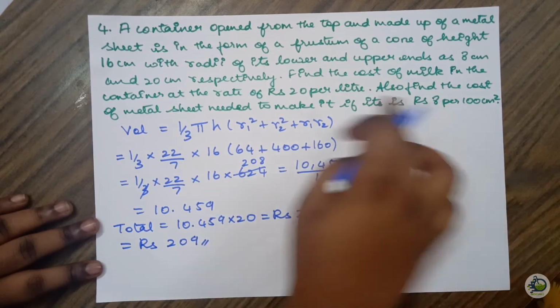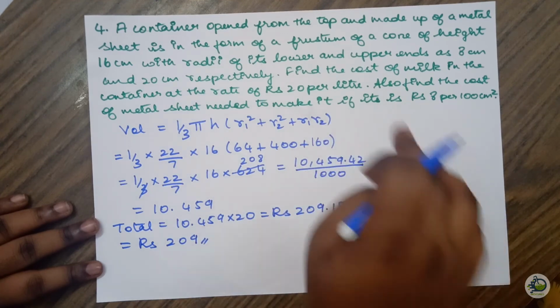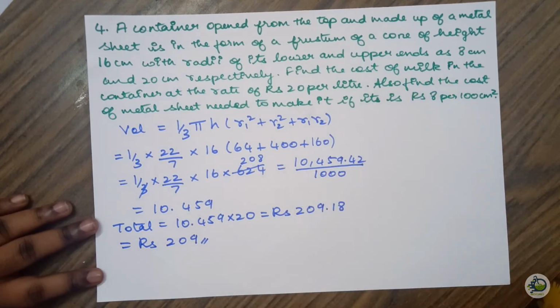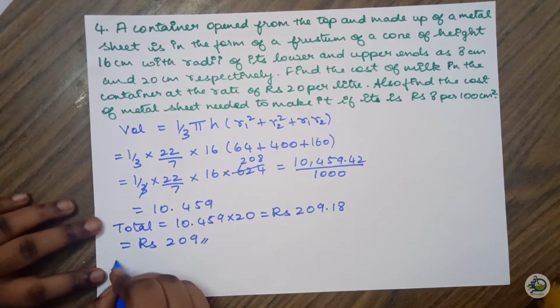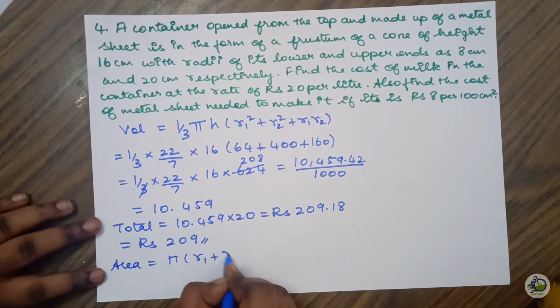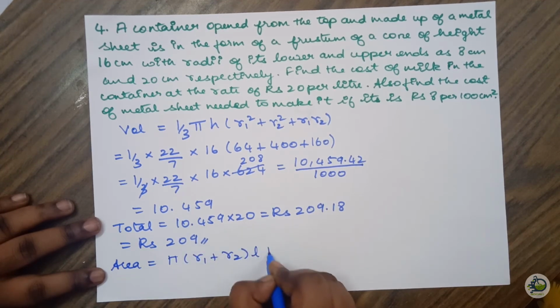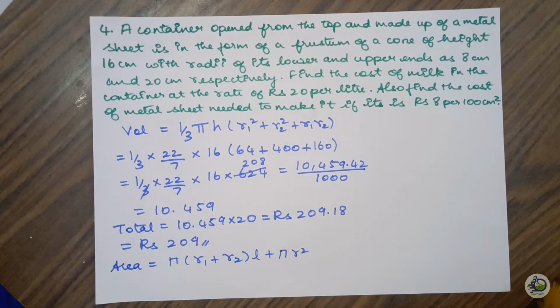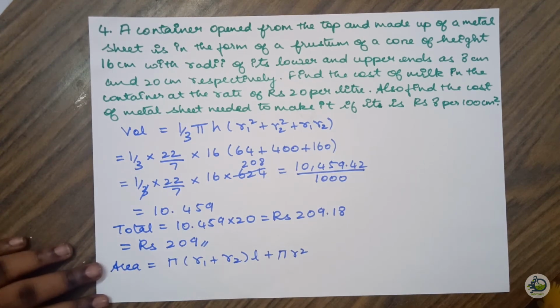Now we have to find the cost of the metal sheet to make this container. So here what we are going to do is find the area. The area is equal to pi into (R1 plus R2) into L, plus pi R square, since the bottom of the container should be closed.